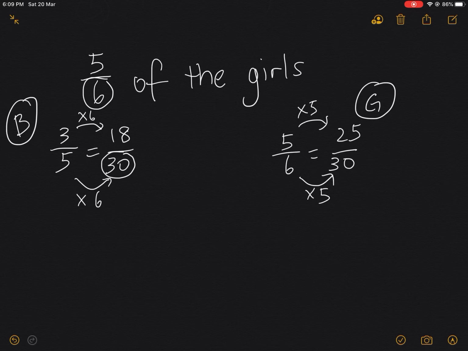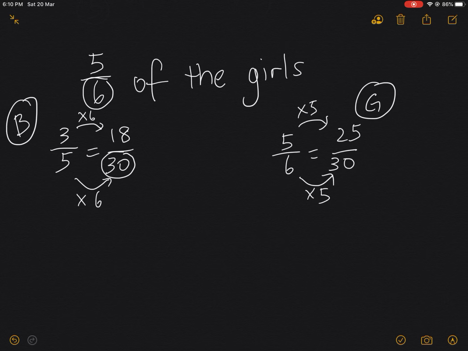Oh, this one, the wording is a bit weird. If there were 21 more boys as many as girls left the hall. So we want to find out the number of units of children who left the hall.